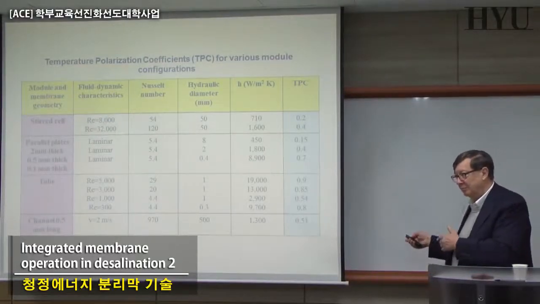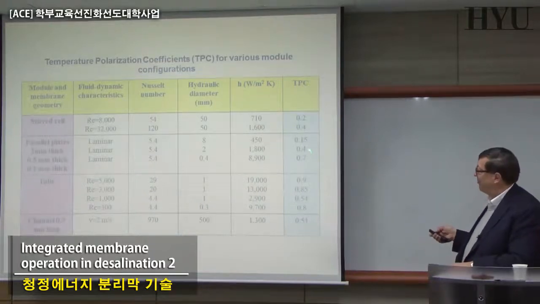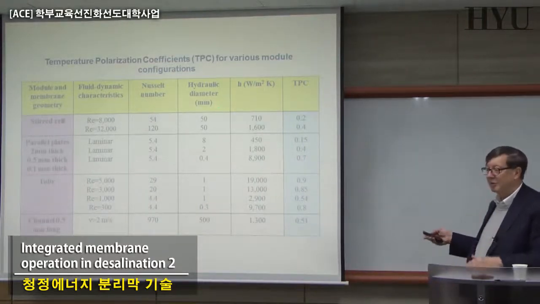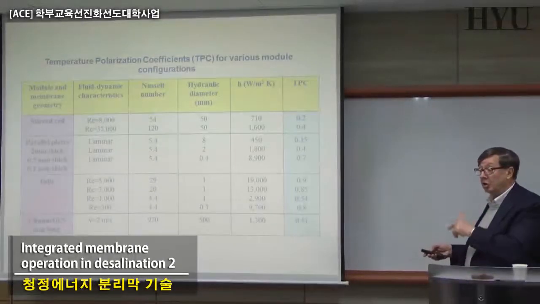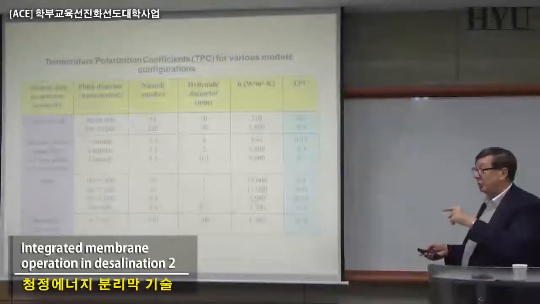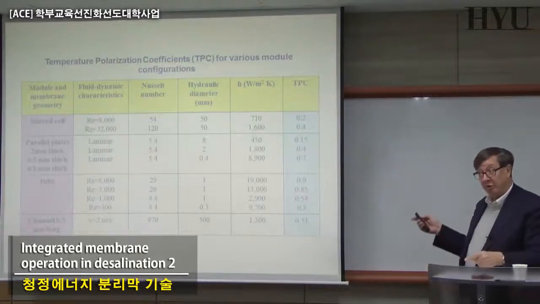Today it's a little bit better. People are making some progress, so these numbers are 2-3 years old, but still there is a lot of work to be done in terms of configuration, and in terms of the material forming the membranes, for example.